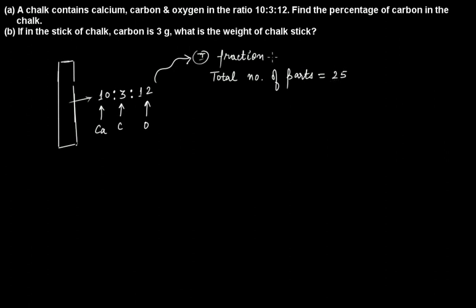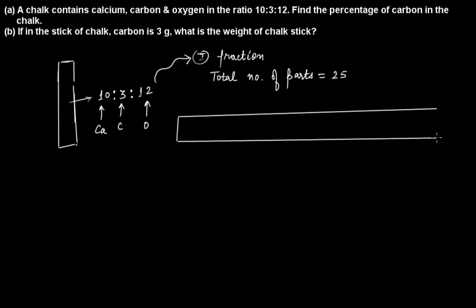What does that mean? It means that if I take this chalk and I assume that I have divided this chalk into 25 equal parts, 1, 2, 3, 4, 5, 6. Let's say we went up to this.